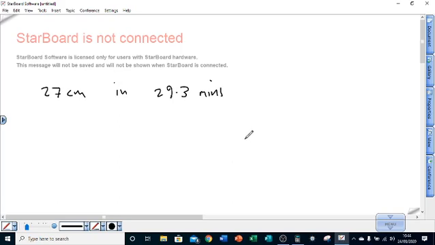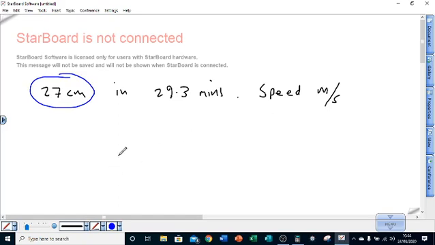But we want the speed to be in meters per second. Well, the first thing you're going to have to do is convert these units. So that will be in meters.